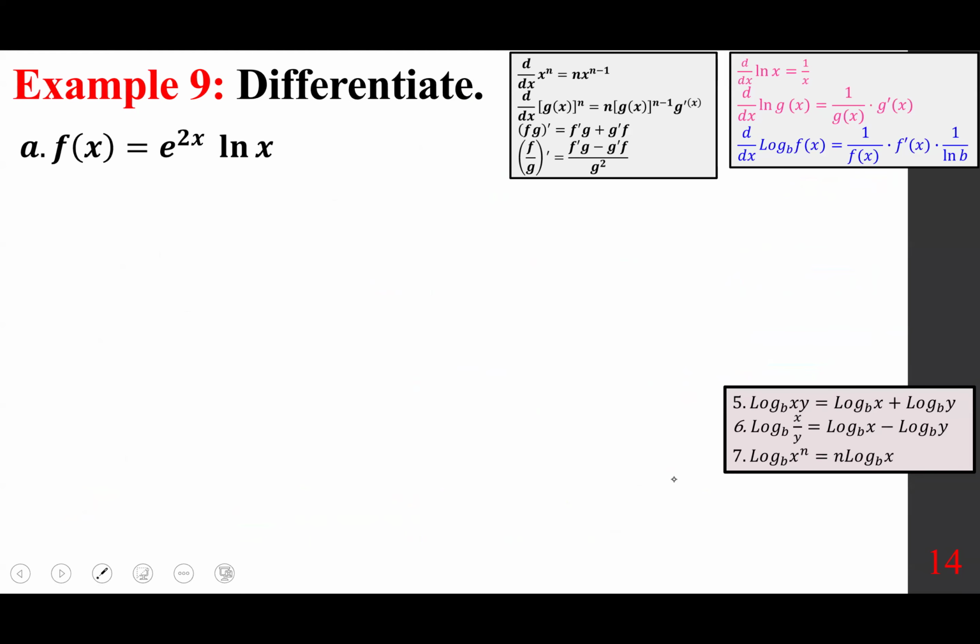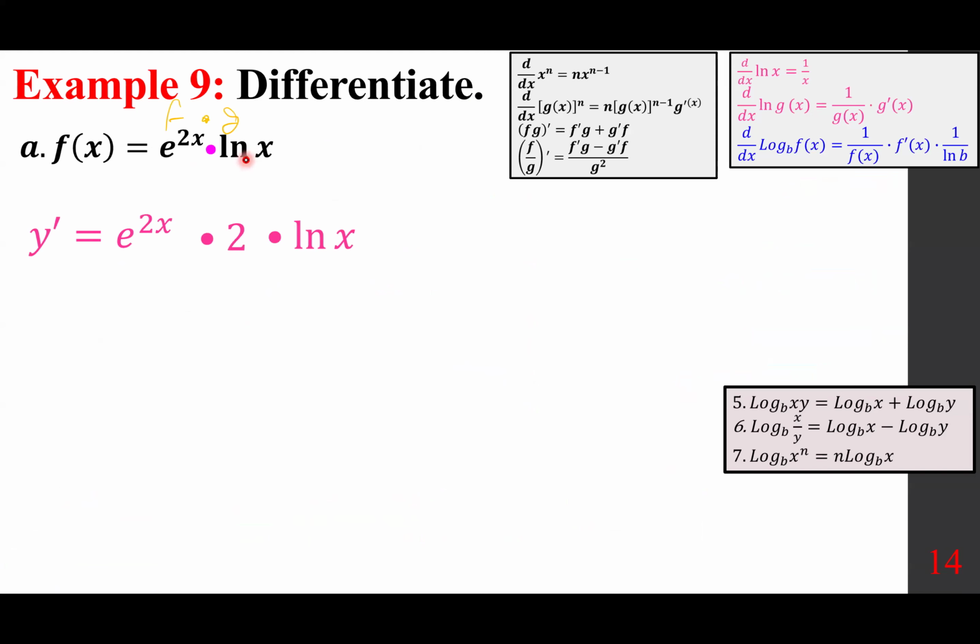What about e to the power of 2x ln x? We want to differentiate. We put a raised dot and we say, okay, it's going to use the product rule, everybody. So the derivative of e to the power of 2x is itself times 2. This is f prime g, ln x, plus g prime.